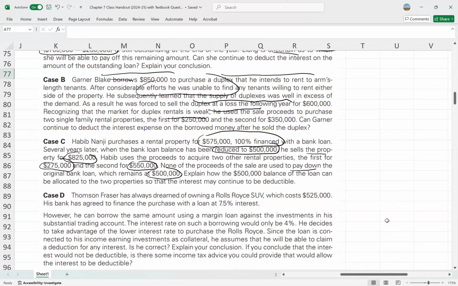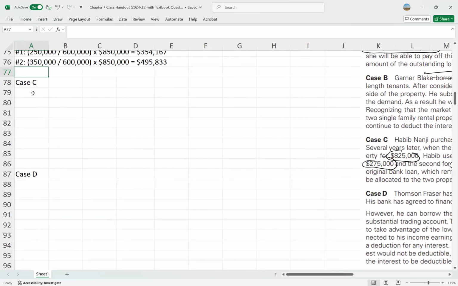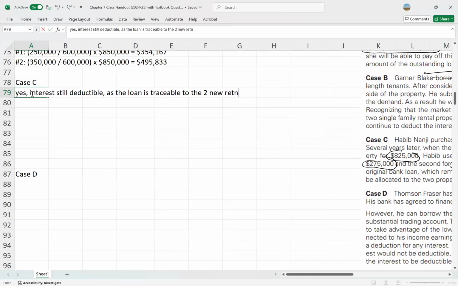But this one's a little bit different because the amount of the loan doesn't exceed the total value of the two new properties. The two new properties have a total value of $825. So let me show you how he could deduct the interest in case C. The answer is yes, the interest is still deductible as the loan is traceable to the two new rental properties.